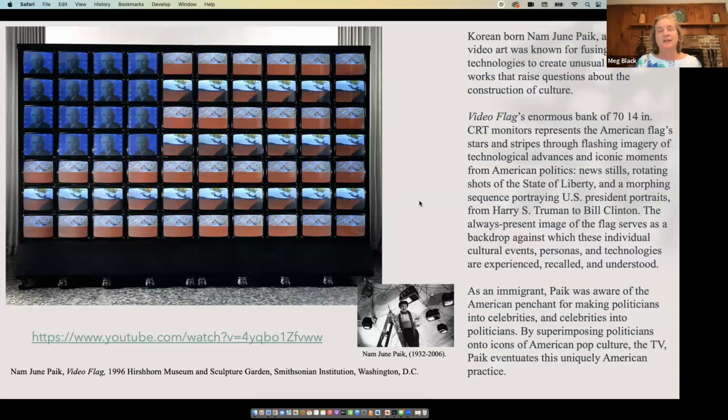Again, this is just not something that other countries do. And I think sometimes it takes an immigrant to really see things from the outside and go, wow, this is a very uniquely American thing. So what he's done here is put all these television screens showing these different presidents as if they're celebrities.